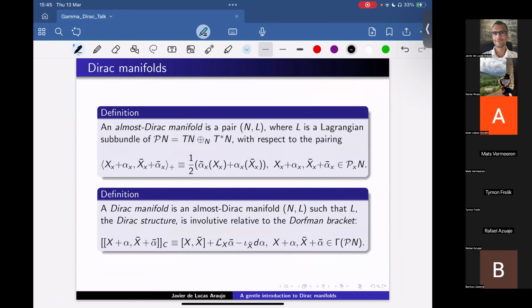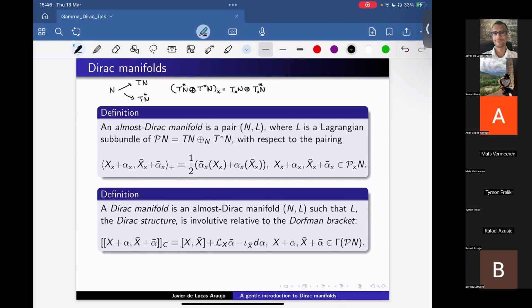To describe this, we need to go further. We have to create a new space called the Pontryagin bundle of a manifold, or the generalized tangent bundle. When you have a certain manifold, you have two objects: the tangent bundle and the cotangent bundle, and you can construct the direct sum of both of them. At every point of the manifold N, this is nothing but the direct sum of tangent vectors with cotangent vectors, with covectors.